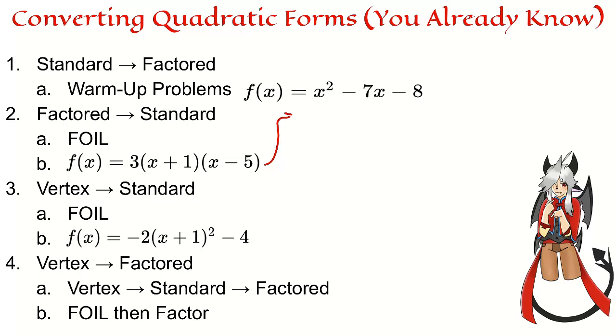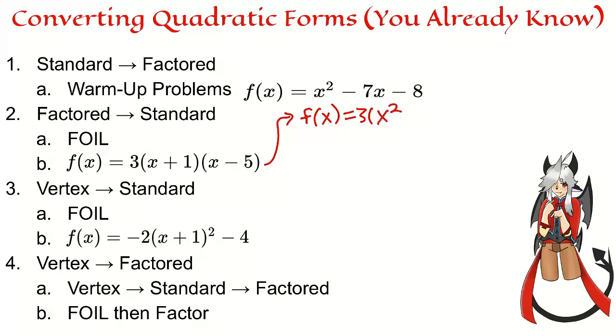So my first step is going to be, you can do it in different ways, but I'm going to deal with these two binomials first. So I'm going to leave that 3 alone. And the result of foiling, first, x times x is x squared.